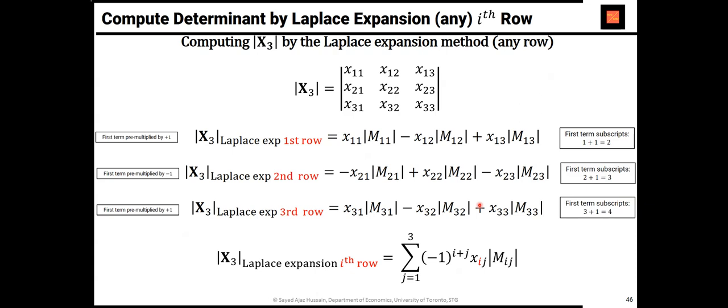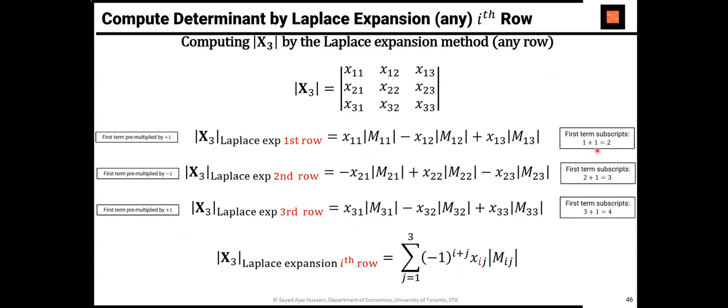Easy way to remember this, of course, is notice the subscripts of the first term here, 1 plus 1 is 2, and last time I checked, it was an even number, I think. And the first term, if I add the subscripts up, 2 plus 1 is 3, which is an odd number. And this one, the first term subscripts is 3 plus 1, which is 4, which is an even number.